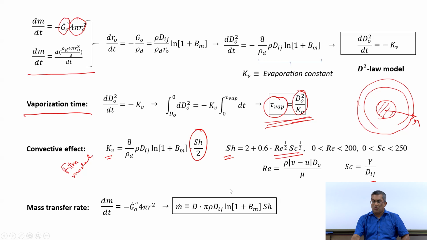So, you see that the mass transfer rate, or the rate at which the droplet mass reduces, is directly proportional to the size of the particle.